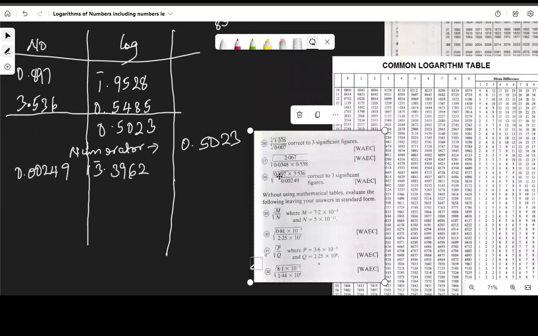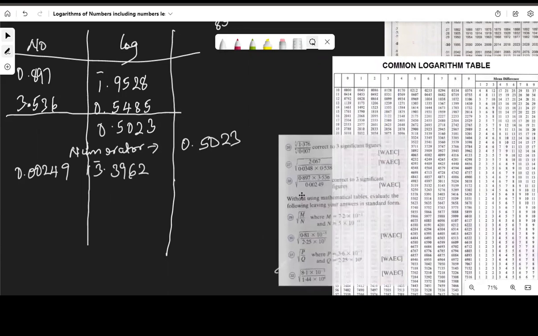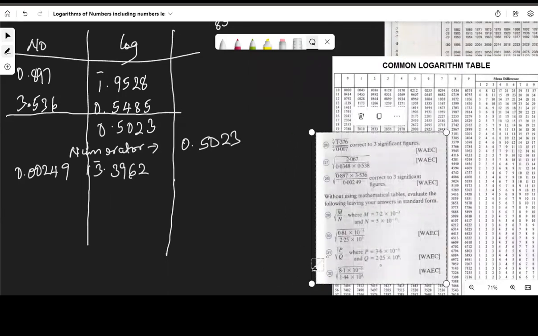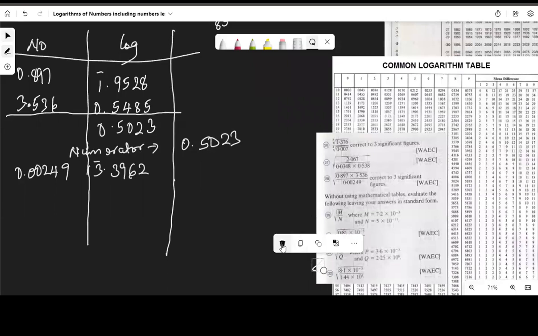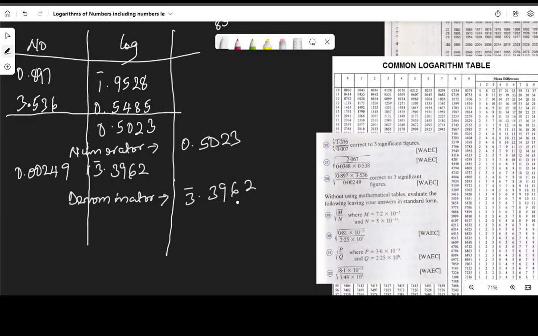Now because we are dividing the numerator by the denominator, that means we need to subtract the logarithm of the denominator from the logarithm of the numerator. Here is the numerator, here is the denominator. We subtract that. 3 minus 2 is 1. 12, I borrow to that. 12 minus 6 is 6.